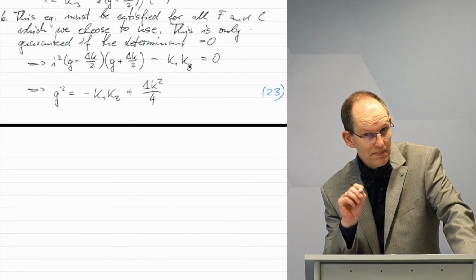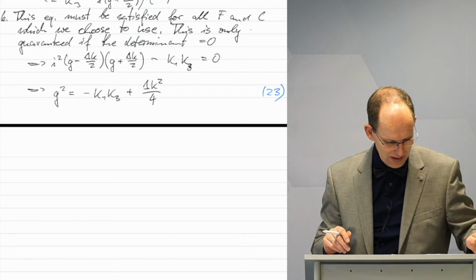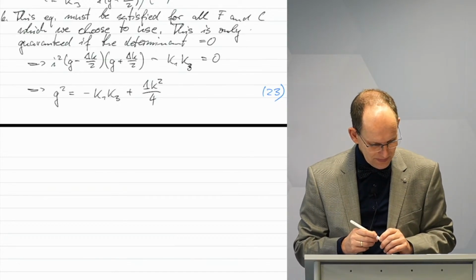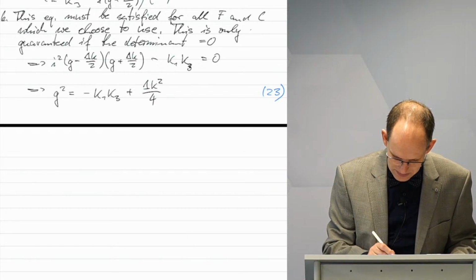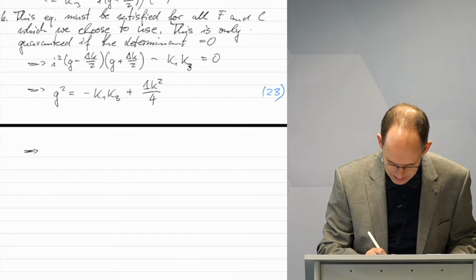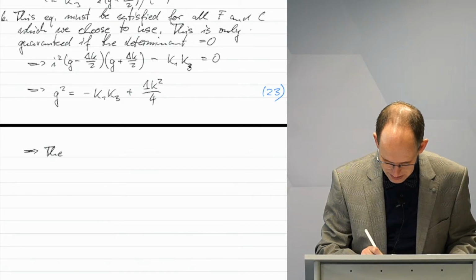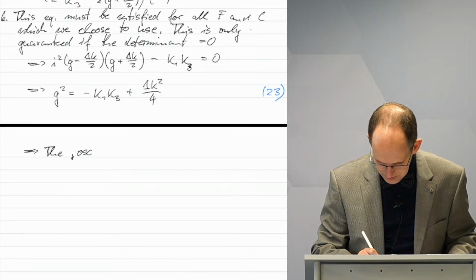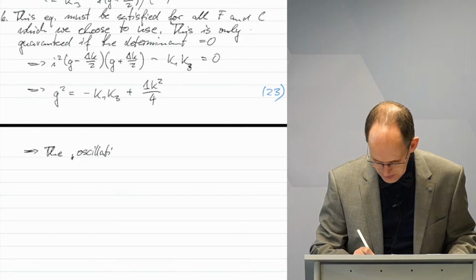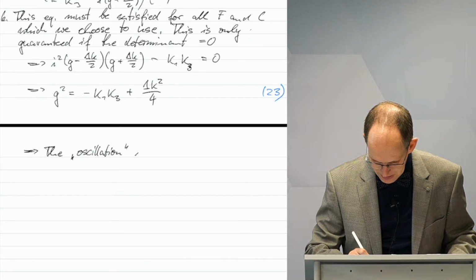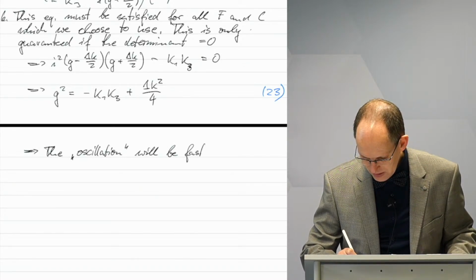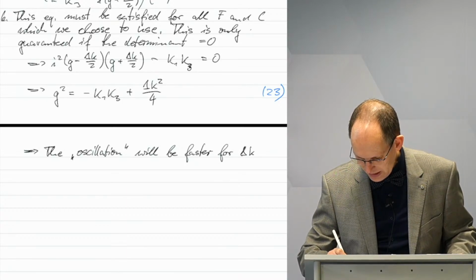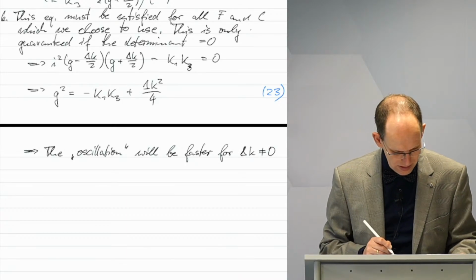It will oscillate faster. So this we can already say: the oscillation that we saw in this figure will be faster for delta k not equal to 0, right?